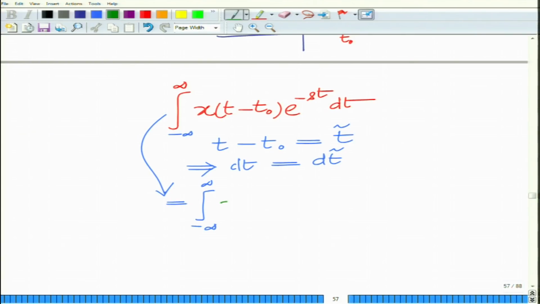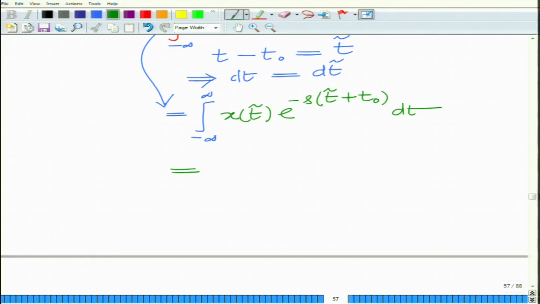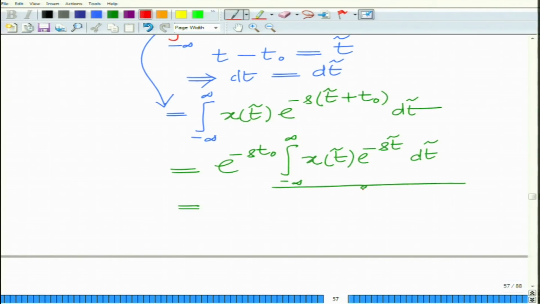The integral will be x of t tilde times e raised to minus s (t tilde plus t naught) dt tilde, and now I can bring e raised to minus s t naught outside, integral from minus infinity to infinity of x(t tilde) e raised to minus s t tilde dt tilde, and this we know is the Laplace transform of x(t), which is X(s).